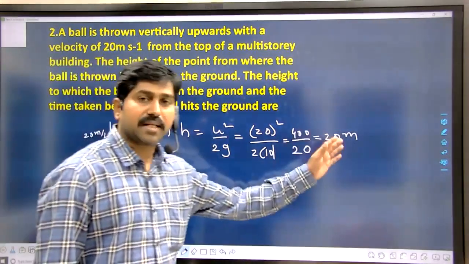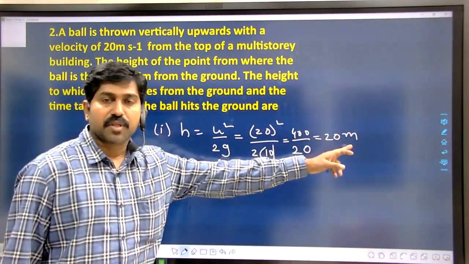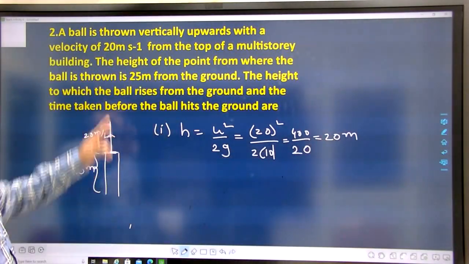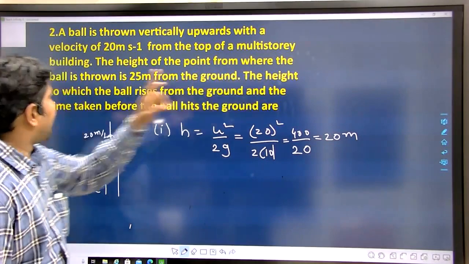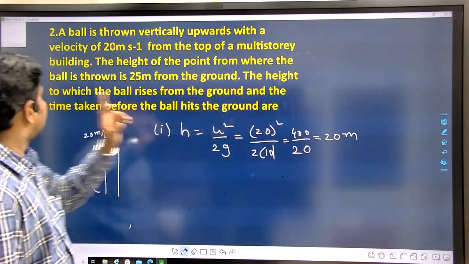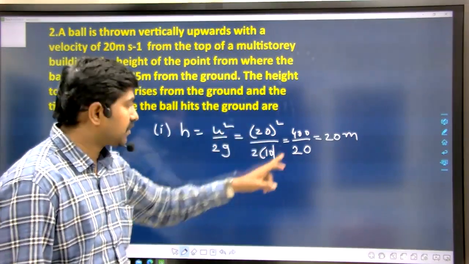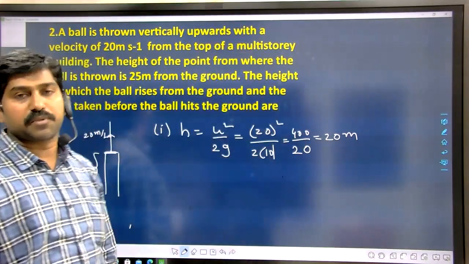What is the maximum height it can reach from the projected point? 20 meters. But the question says the height of the point from where the ball is thrown is 25 meters from the ground, and we need the height to which the ball rises from the ground. From the ground, you have to take the height to the highest position.